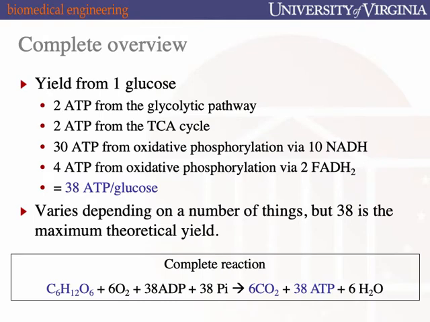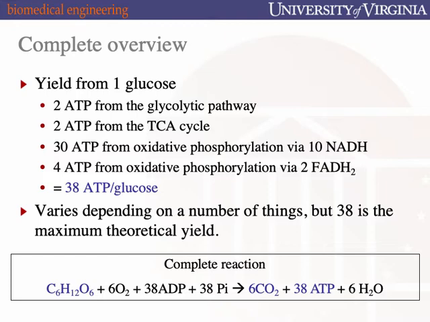Now we have it all, everything that we need. From 1 molecule glucose, 2 net ATP from glycolysis, 2 ATP indirectly via GTP from the TCA cycle. All of the reducing equivalents that came from glycolysis, entry, and the TCA cycle are yielding 30 ATPs.